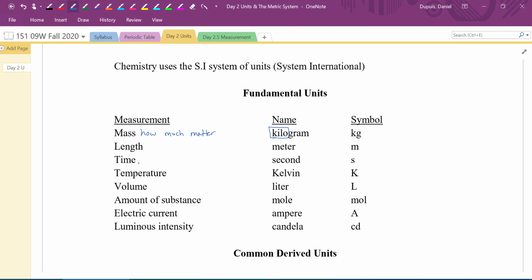Temperature, we actually use Kelvin. Now, a lot of times we'll use degrees Celsius because the size of a degree Celsius is the same as a Kelvin. Volume is the liter, and that's how much space. Right, so length, length and distance. Time, duration. Temperature is thermal energy.